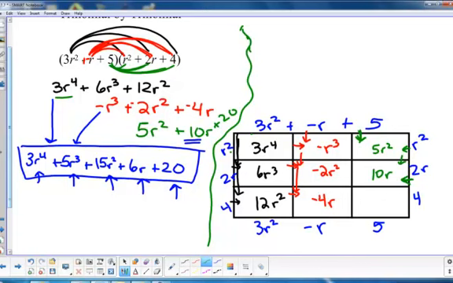And then 5 times 4 is 20. Everything in green. So again, when you put those together, you get exactly what you initially had. That is a 5 term, 4th degree polynomial. Very exciting. All right, have a great night.